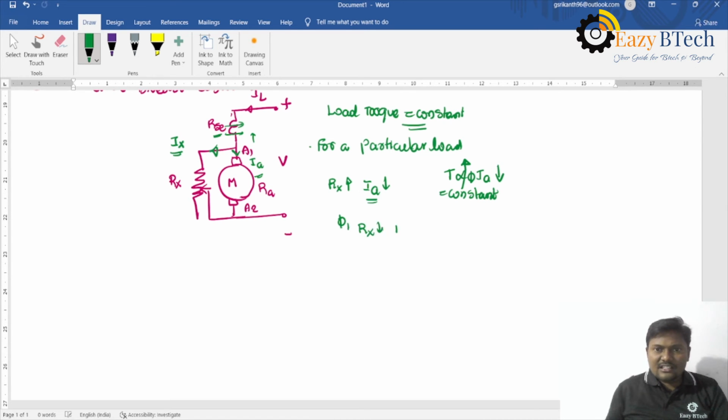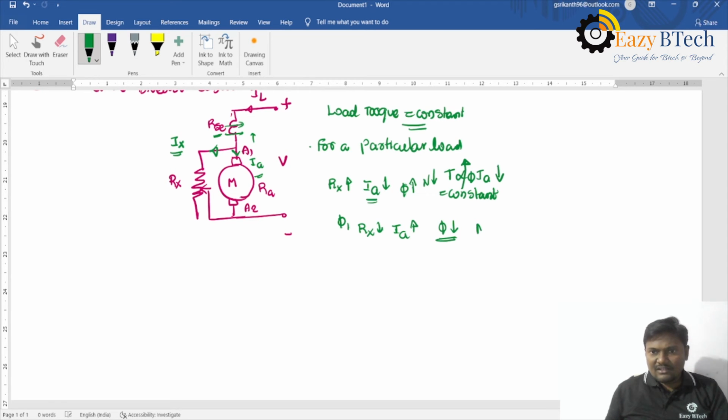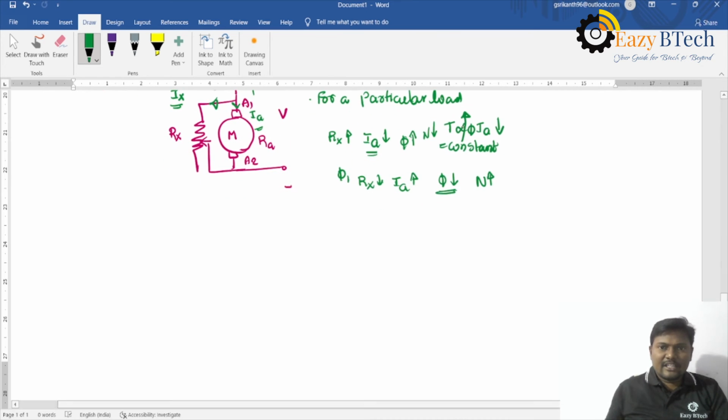Suppose if Rx decreases, Ia increases, and the flux decreases in order to maintain the load torque constant. The speed is inversely proportional to flux. Flux decreases means speed will increase.